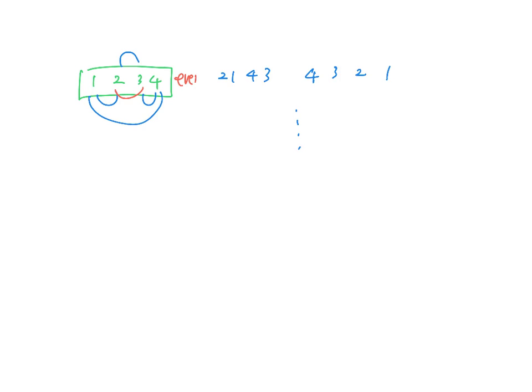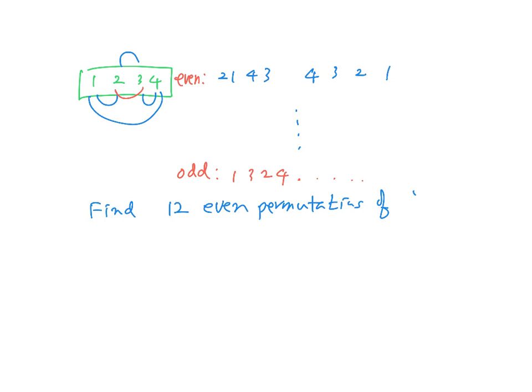This is even, odd, 1, 3, 2, 4, etc. At this time, it will be a good point to give you homework: find the 12 even permutations of 1, 2, 3, 4, and the 12 odd permutations of 1, 2, 3, 4.